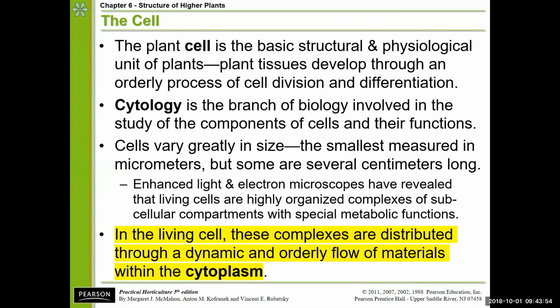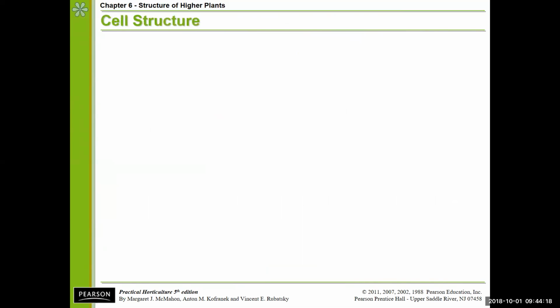And inside of the cell, we actually have kind of this primordial ooze in a way. That's known as the cytoplasm. That's where everything inside of the cell is kind of floating around. And plant scientists are actually finding that the cytoplasm is much more important than they initially thought. More on that here in a minute.